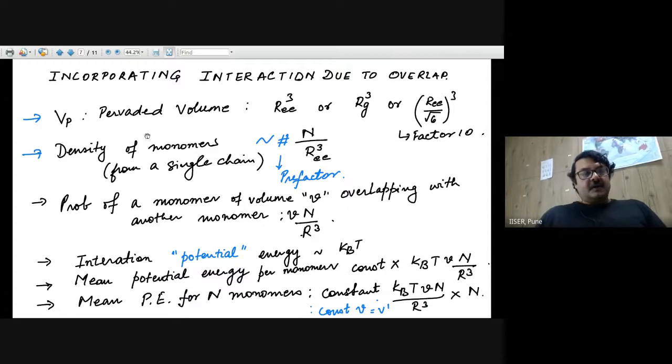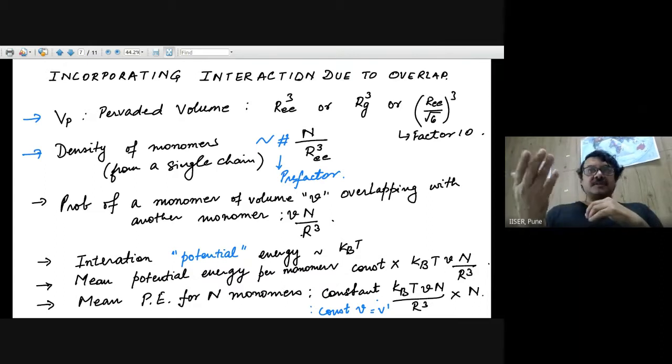Now, the density of monomers from a single chain is basically the number of monomers within that pervaded volume. Yes, I have ignored the prefactor because we are doing a quick estimate. You drop the prefactors, you want to see how certain quantities, like the end-to-end vector, change with the number of monomers, which for the ideal chain was n to the power half.